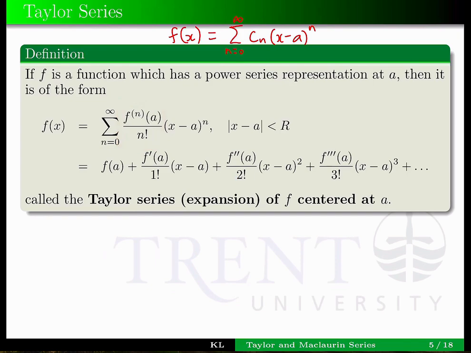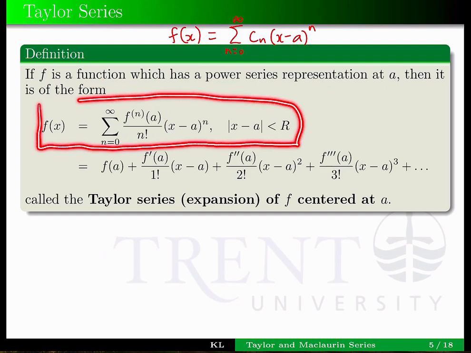Which means if your function f has a power series representation at A, then your f of x can be written in this form, provided you are working on its interval of convergence. So f of x equals the sum of the nth derivative of f evaluated at A divided by n factorial times (x minus a) to the n, where n runs from 0 to plus infinity, and such that |x minus a| is less than r.